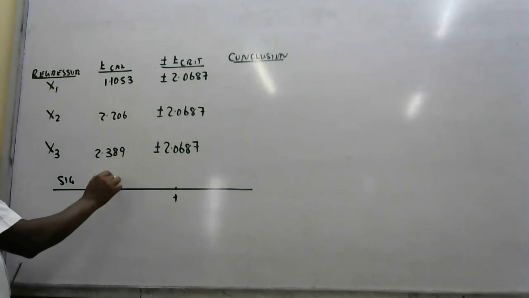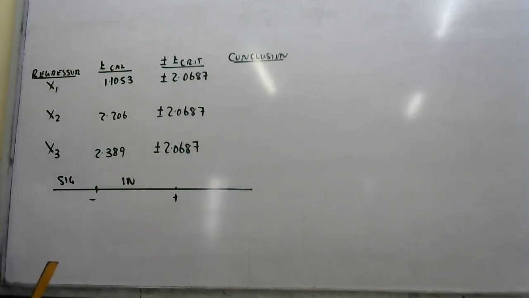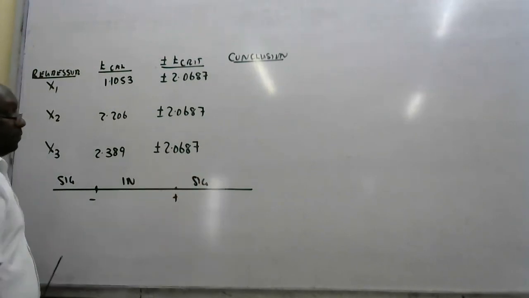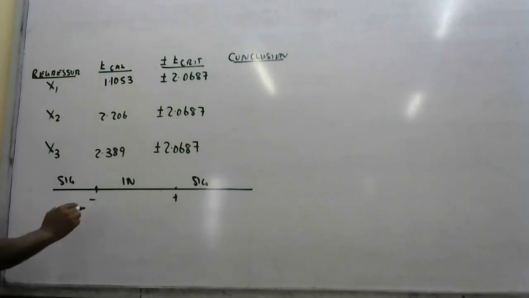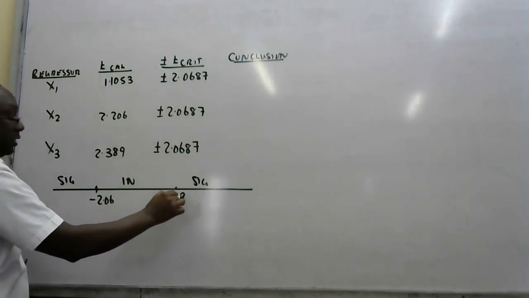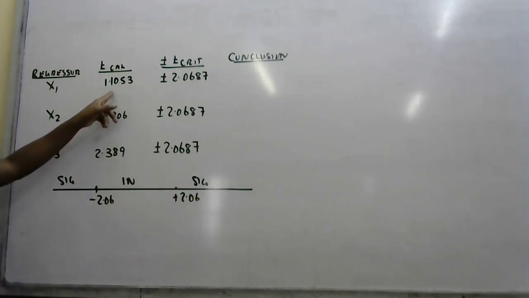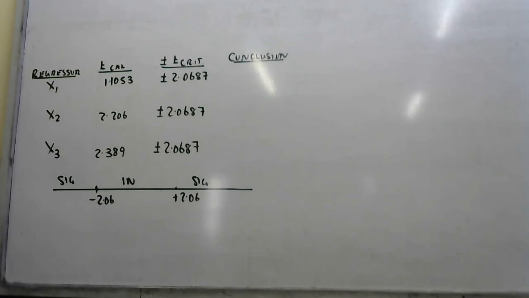If you are in between here, we will say accept, and the other word for accept is insignificant. This is minus 2.06 and this is positive 2.06. Now you look at where it is. It is not inside here. So that means it is what?